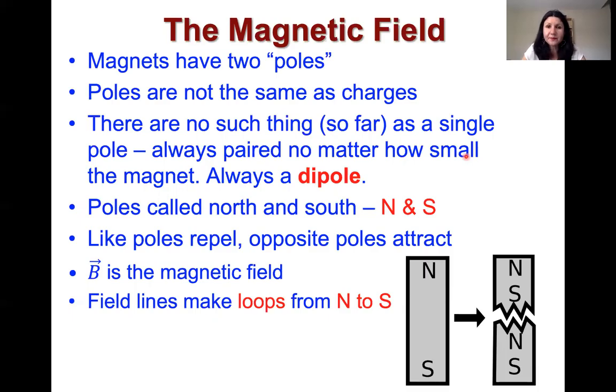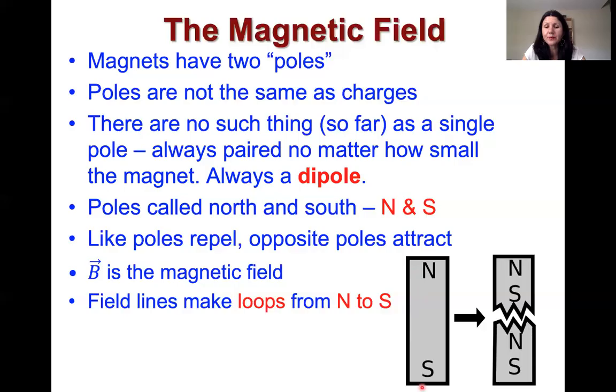All right. So we'll look at what the similarities and differences are between a magnet and a charge. Magnets always have two poles. In other words, you know about the north and the south pole of a magnet, but what does it mean for it to always have two poles?